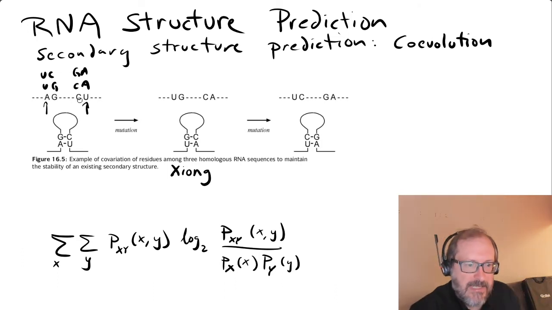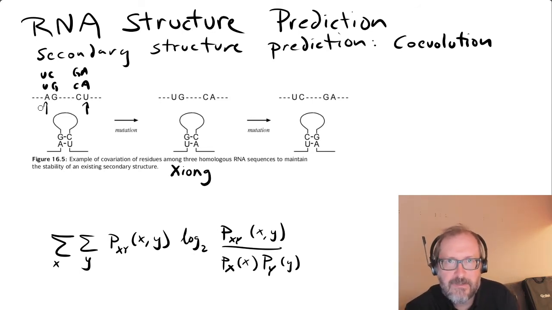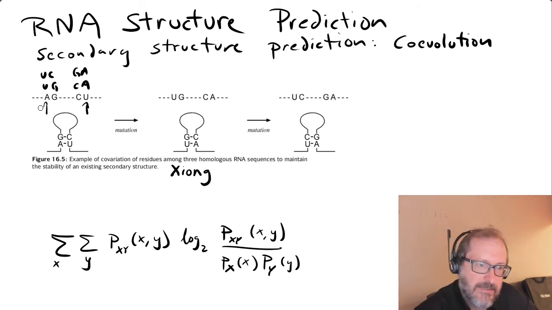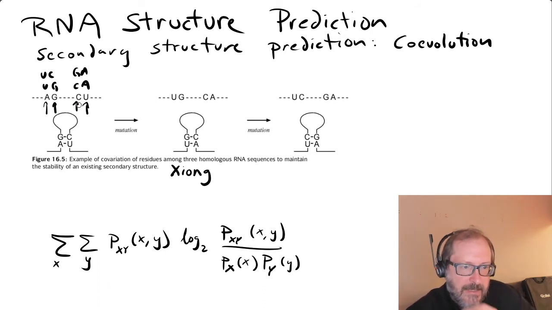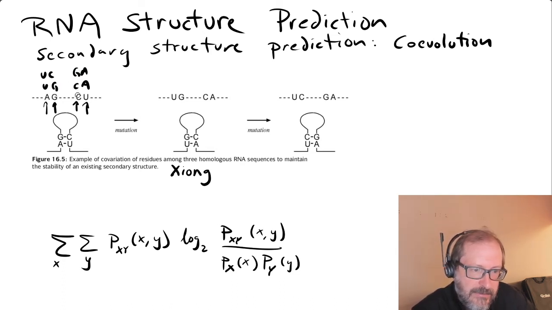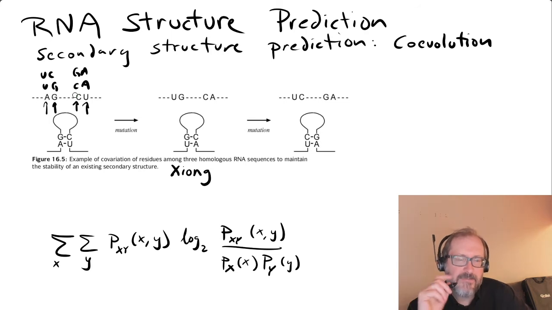So every time position 1 changes, position 4 has to change, and always in the same way. Or at least maybe you don't really believe that yet because you've only seen 3 pairs. But then you look at position 2 and 3, and you see, okay, when there's a C here, there's a G there. When this changes to a G, this changes to C, and this is maintained here, G goes to C.